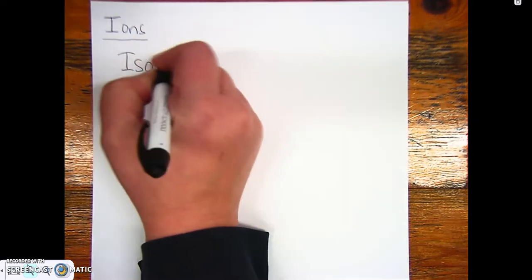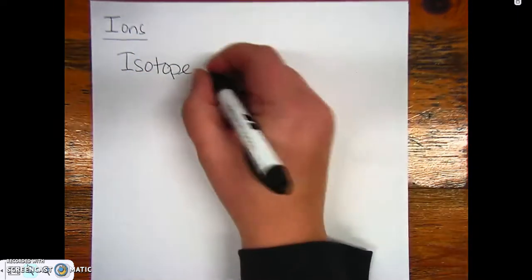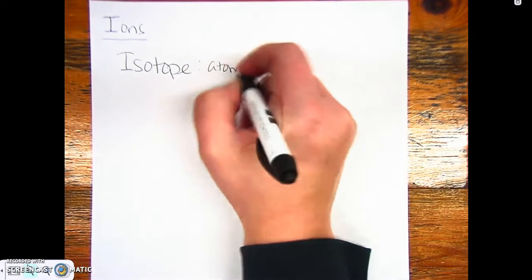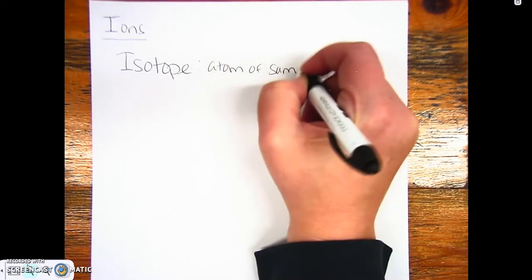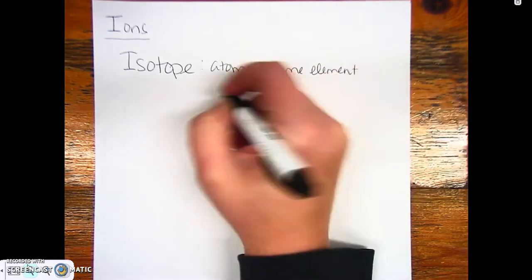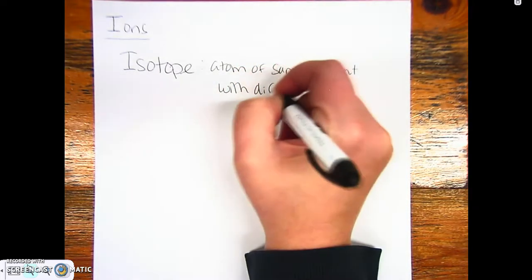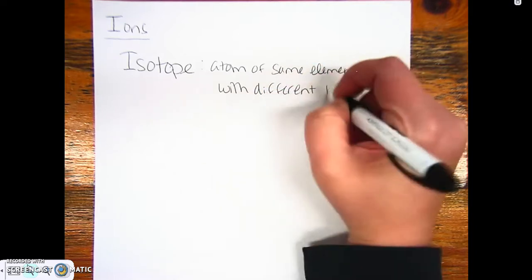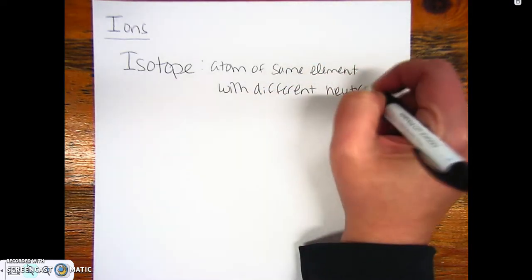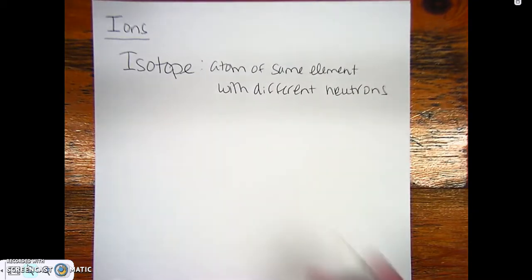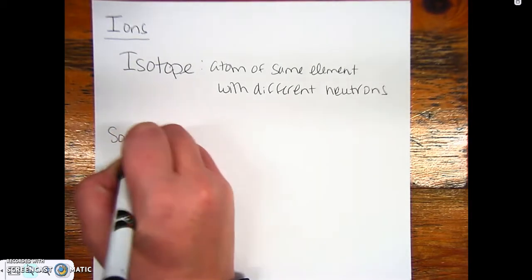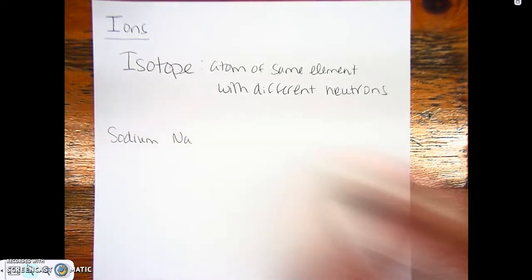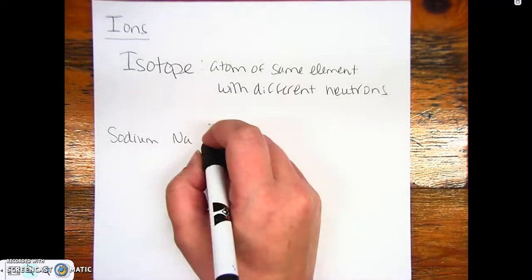So remember, as a review from Unit 2, we learned the word isotope, where an isotope is an atom of the same element with different numbers of neutrons. When we were filling out our tables and counting the numbers of things, we had sodium with the chemical symbol Na.